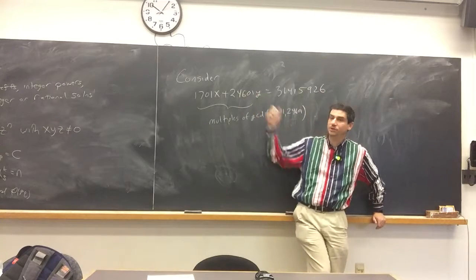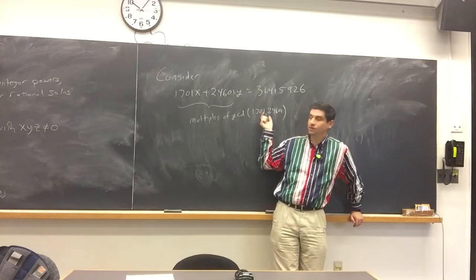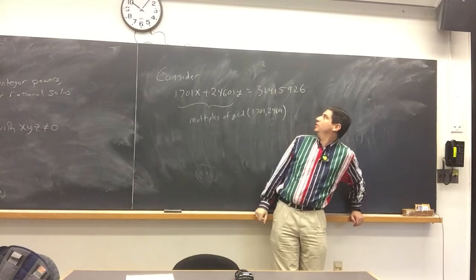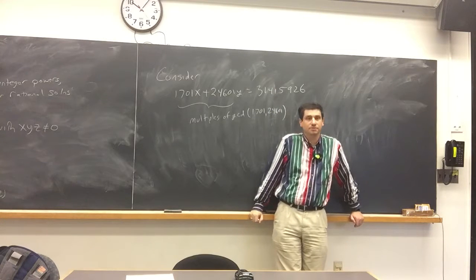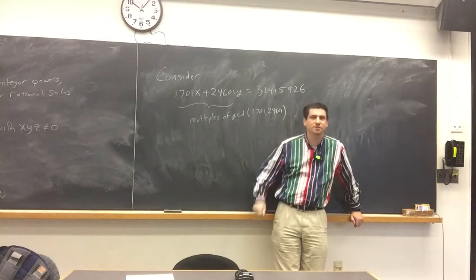I can get any multiple of the GCD. And so all we have to do now is figure out what is the GCD of 1701 and 24601, and does that divide 31415926? And if it does, then we have a solution. If it doesn't, we don't. And at this point, I've lost interest, because now it's just a really straightforward calculation.